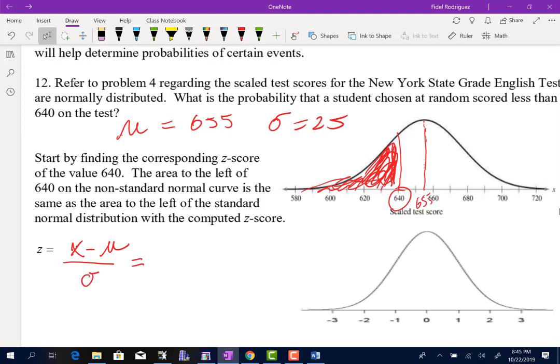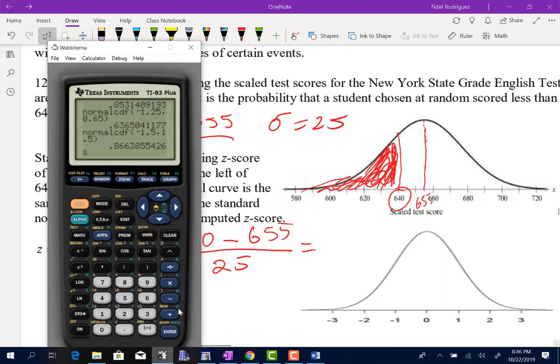Okay, the x is the number that they're giving me here, which is what number? 640. So I'm going to take 640. We're going to subtract off our mu. We said our mu, or mean, was what number? 655. All that's going to be divided by what number? 25. Okay, so guys, just to make sure when you're doing this on your calculator, make sure you do the subtraction first.